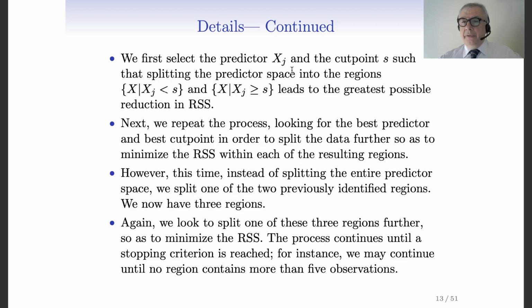So if we have p predictors, I will have to consider each of them one at a time, and for them I will have to look for different choices of the threshold and see what's going to happen. So I start from the first predictor variable x1. I consider the possible splits on this variable.